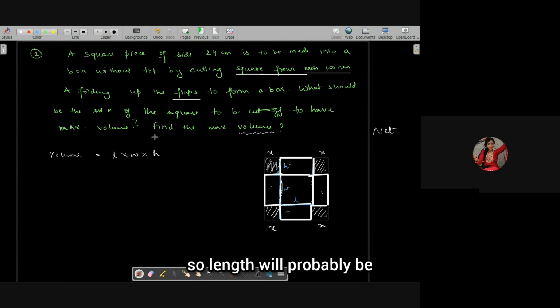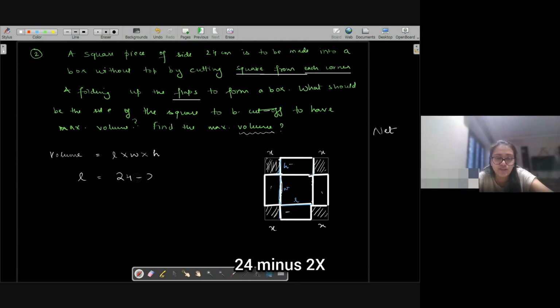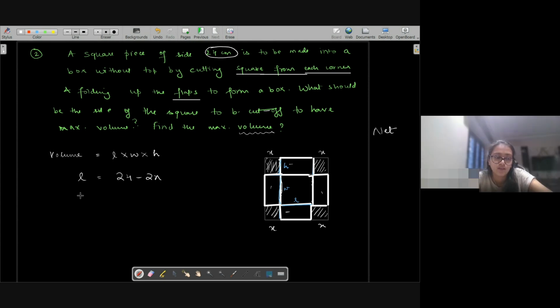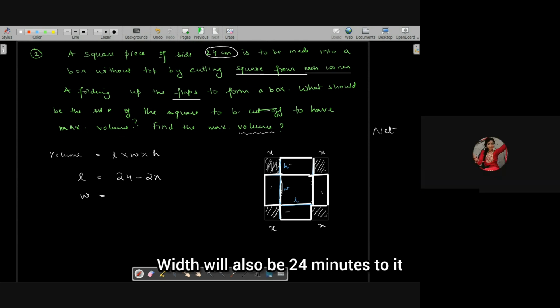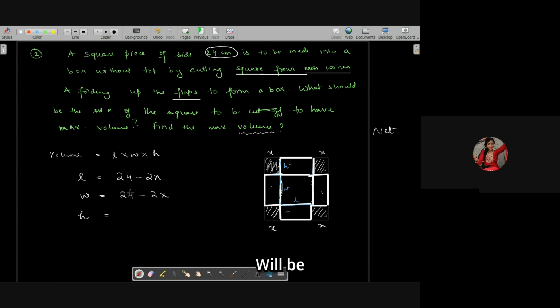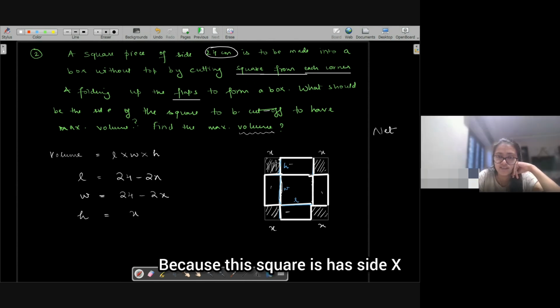Length will be 24 minus 2x. That's good. Width will also be 24 minus 2x. Very good. And height will be just x, because the square has side x.